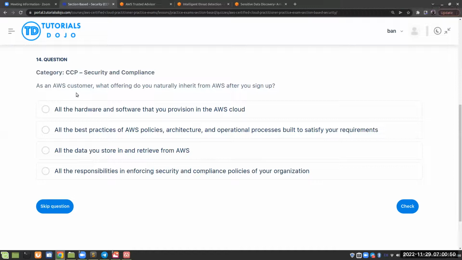Anyone can come and answer this. As an AWS customer, what offering do you naturally inherit from AWS after you sign up? Any person can answer that one. That's for everyone.